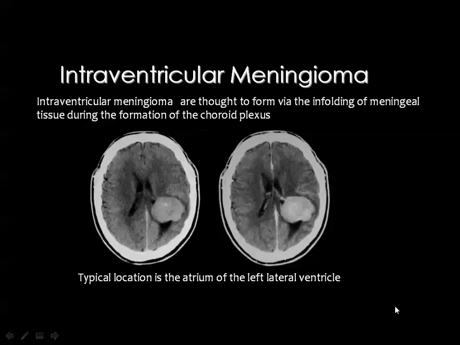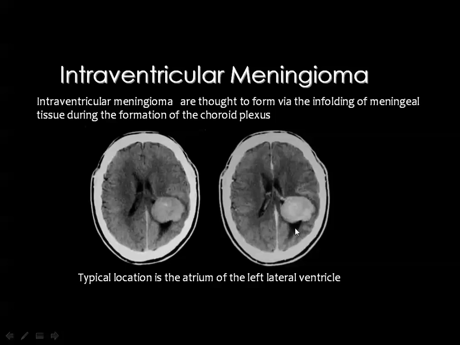Then you will see a meningioma without a meningeal base. Homogeneously enhanced lesion may contain calcium, but you cannot here see the dural base, because this is an intraventricular location. And meningioma at this site will obstruct the flow of the CSF in the occipital horn of the ventricle.